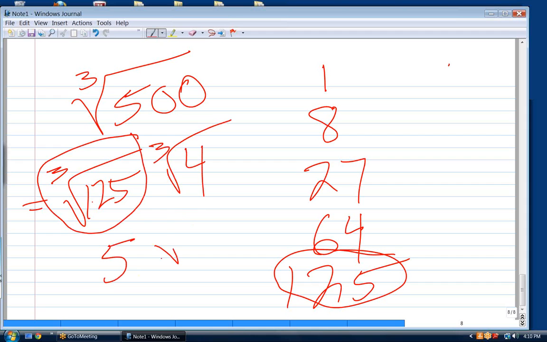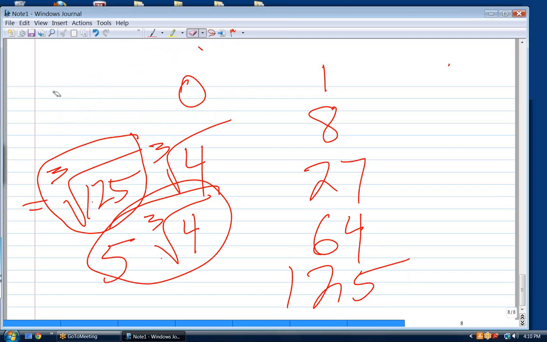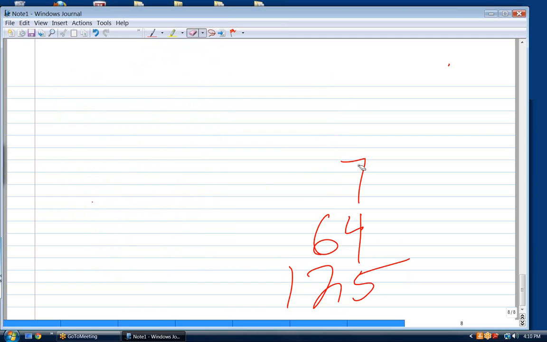So that's 5 cube roots of 4, if I want to reduce that. So it's the same rules, you just have to use a different list of numbers. You kind of need to be familiar with these perfect cubes, but I don't know that you're going to get a whole lot of questions like that. You might actually with an honors algebra.